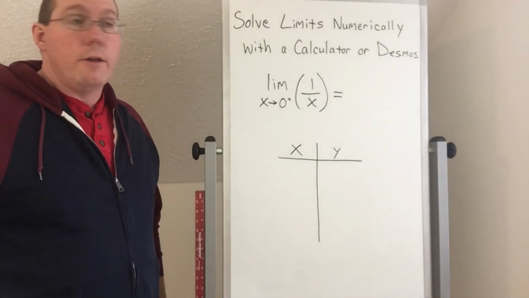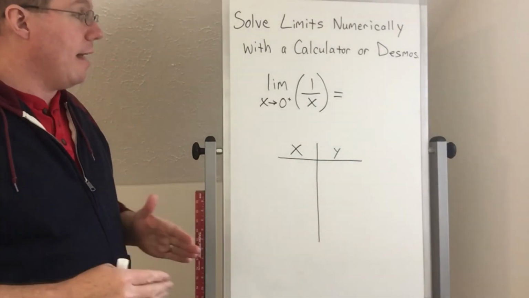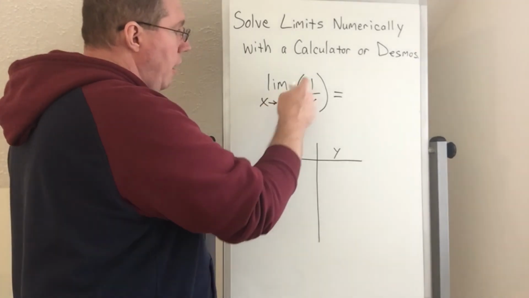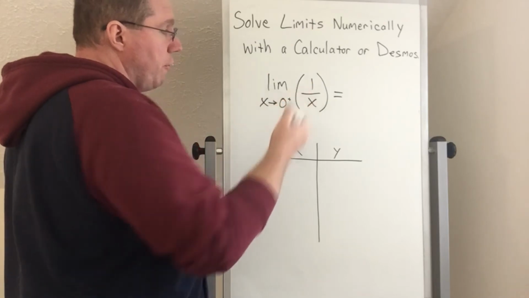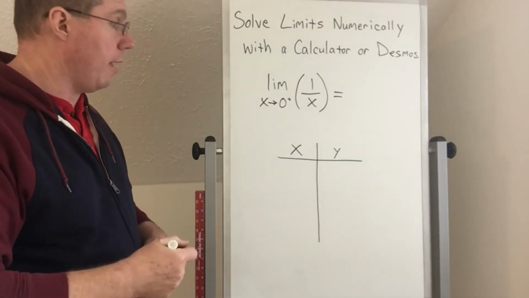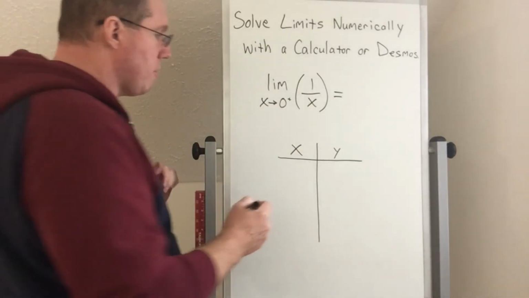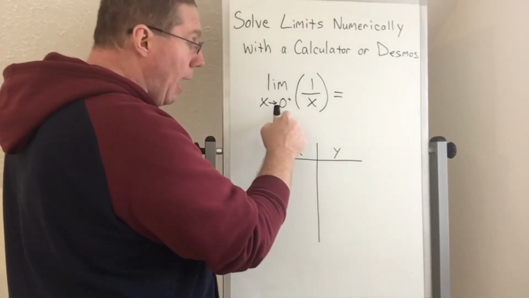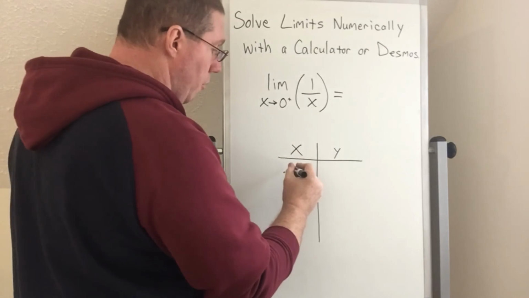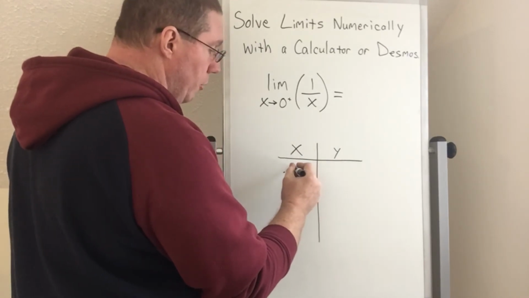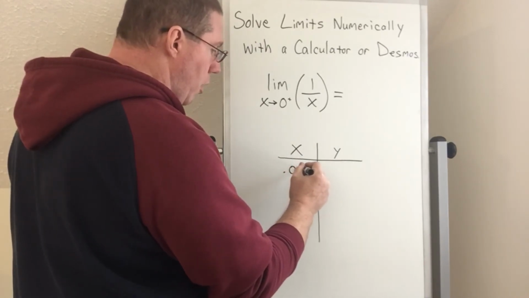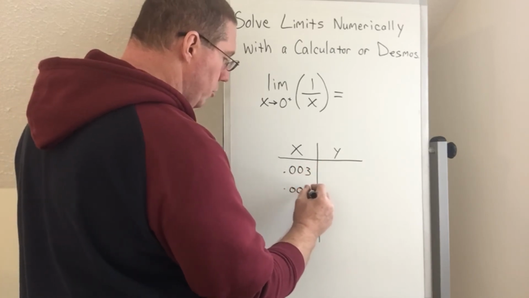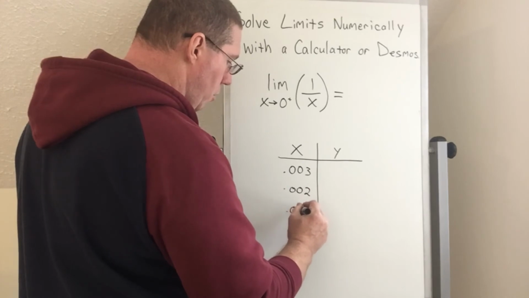Okay? All right. So now let's try one on the positive side of 0. And so we have the limit of 1 over x as x approaches 0 from the positive side. Okay? So this time, they have to be positive numbers, so they have to be larger than 0. So we can use the same ones we used last time, only positive. So we can do 0.003, 0.002, and 0.001.